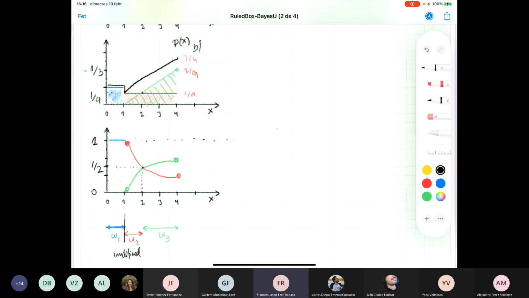Undefined. What happens exactly at 2? Also undefined. What happens at 4? Would it be class 3? Class 3, yes. The same as at 0, class 1.